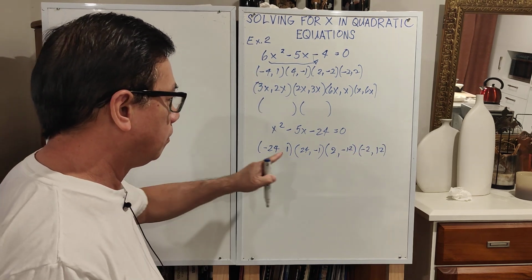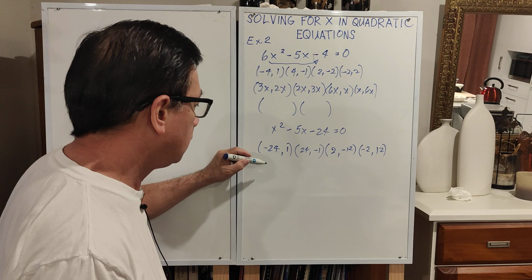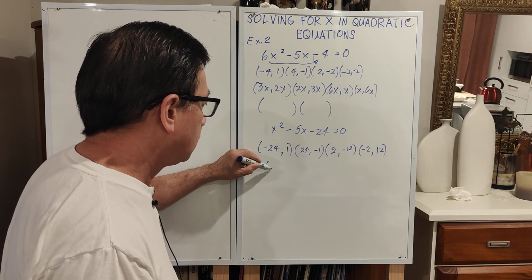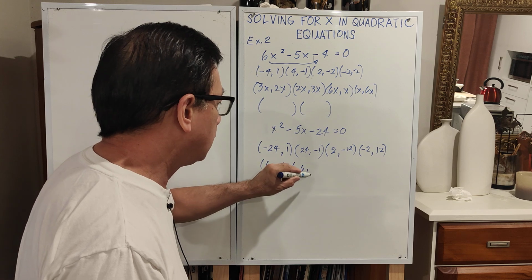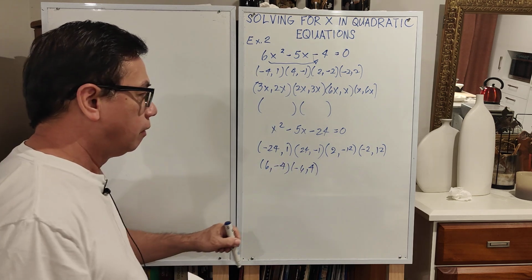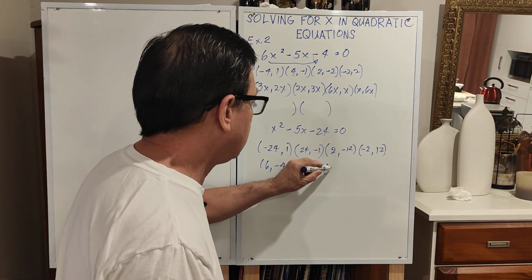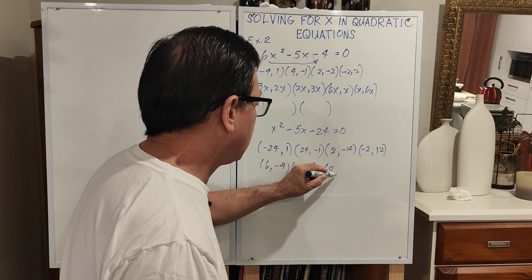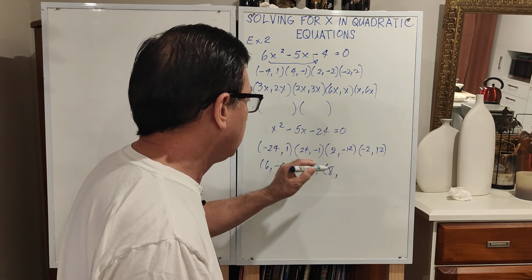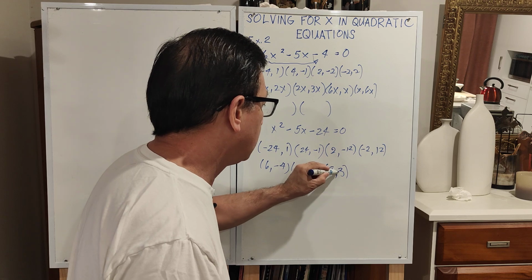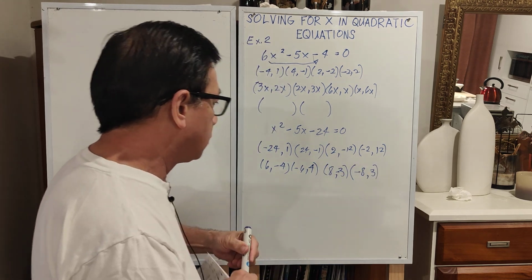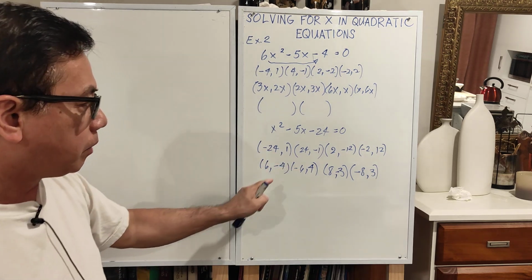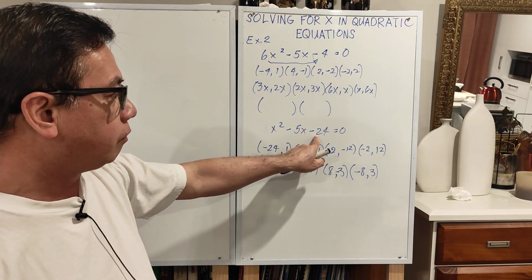You have 6 times -4 and -6 and 4. You have 8 and -3, and then -8 and 3. So these are all pairs of numbers that when you multiply is equal to -24.